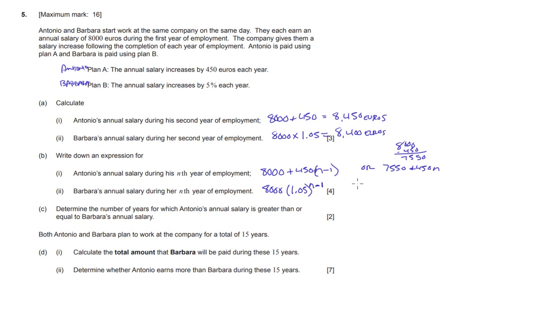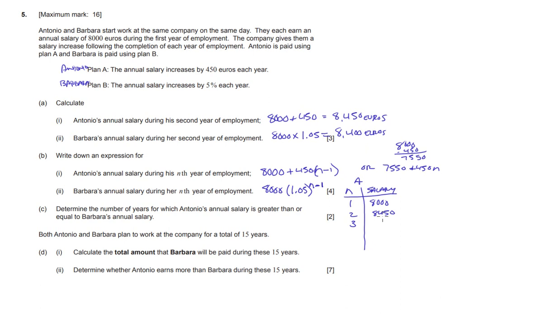So let's do Antonio. We've got N for the number of years, and then this will be his salary. First year, we know he's at 8,000. Second year, he's adding 450. We already did that. That's 8,450.